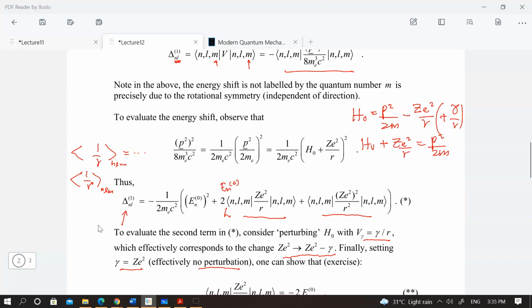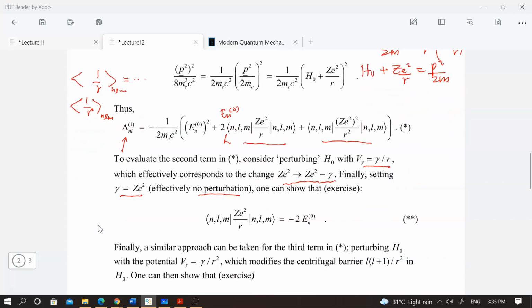I've not shown this over here because this is supposed to be part of your assignment for perturbation theory, but the idea is just simply that. You can also do it directly using that formula. You can find it somewhere. And then you find that the expectation value of Ze squared on R is equal to minus 2 En naught.